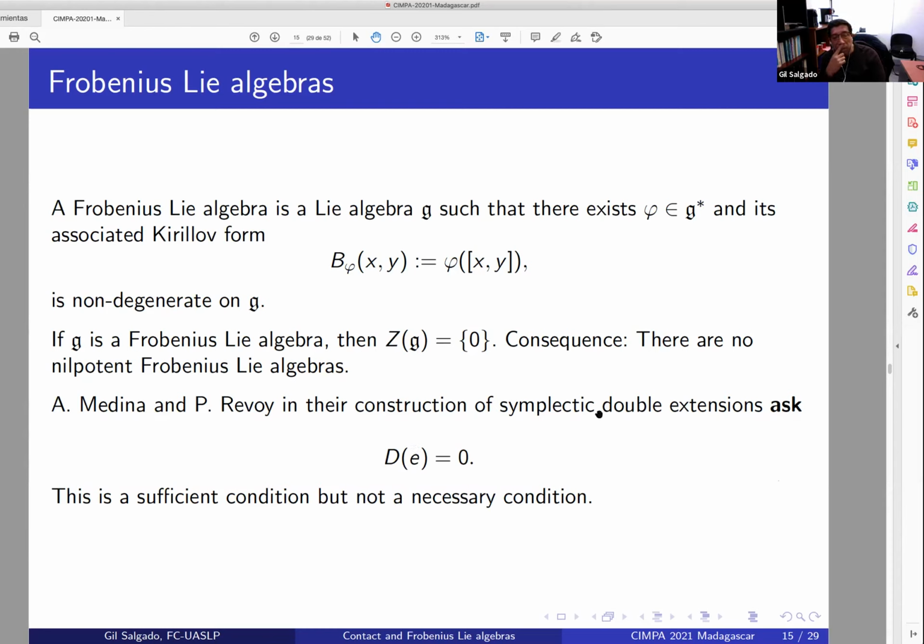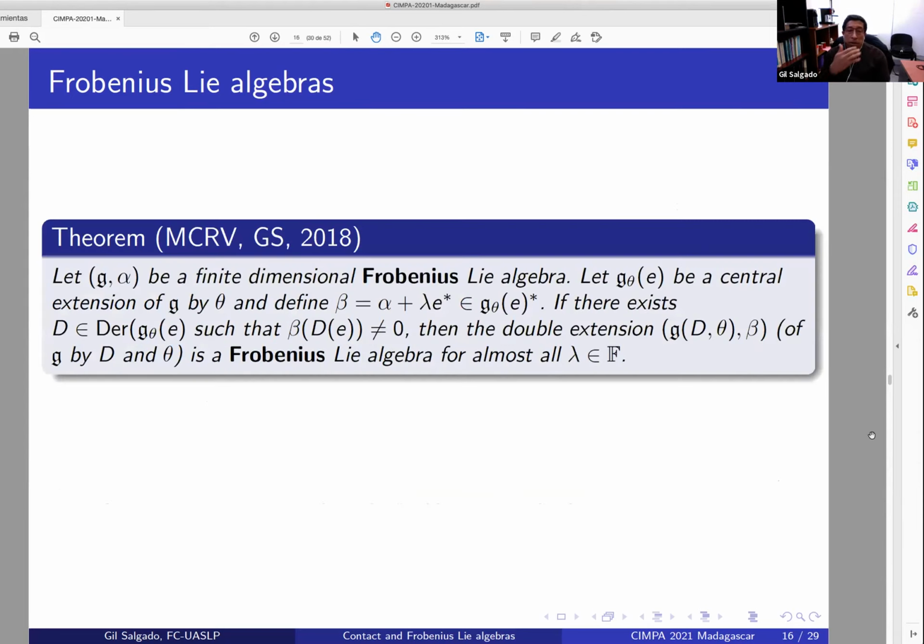So we ask if this condition is really necessary, and the answer is no. Then, if we start with a Frobenius Lie algebra and take any central extension by a 2-cocycle theta, if there exists a derivation and we have the same condition, then the double extension is again a Frobenius Lie algebra.